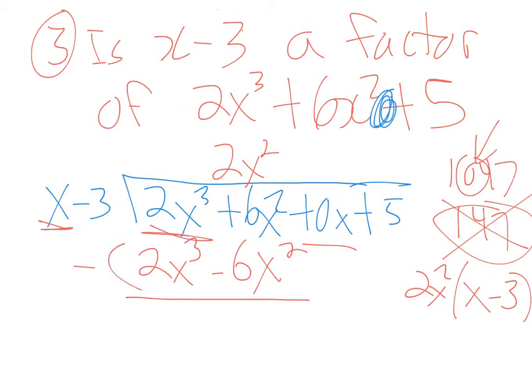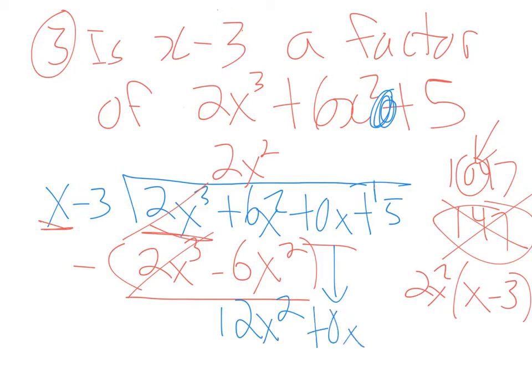Then I subtract, and I should always get those first terms subtracting out. So now, if you look at this, I've got 6 minus negative 6x squared, which is going to give me 12x squared, and I bring this down, plus 0x.